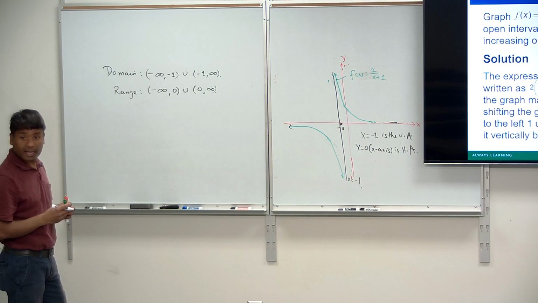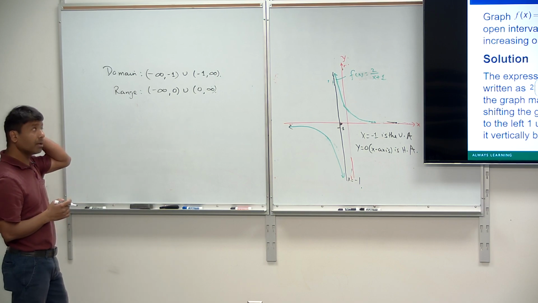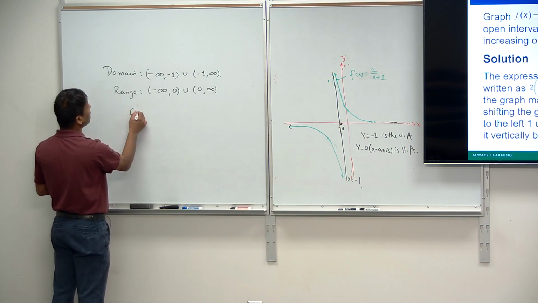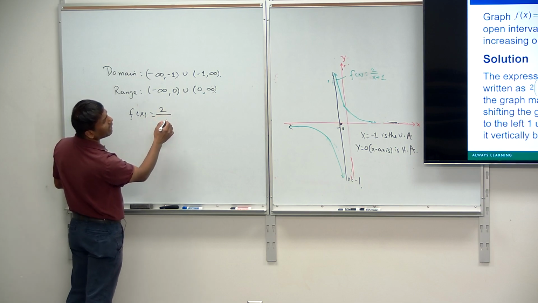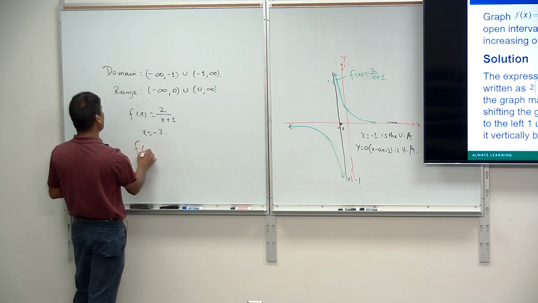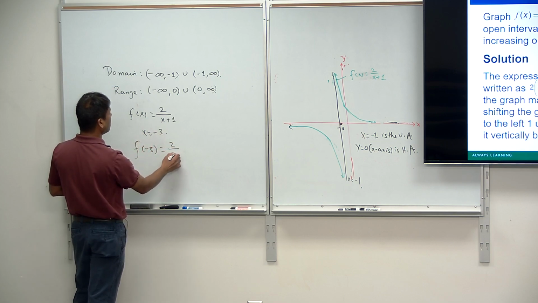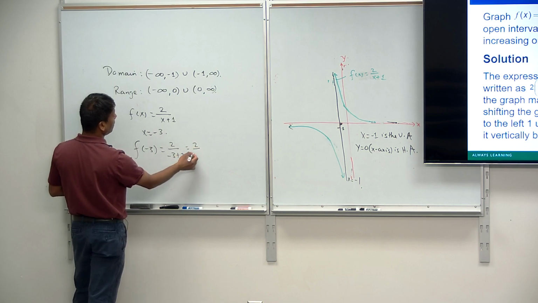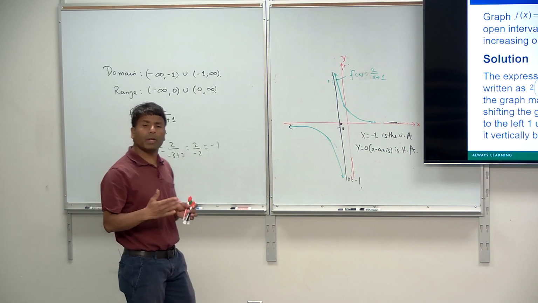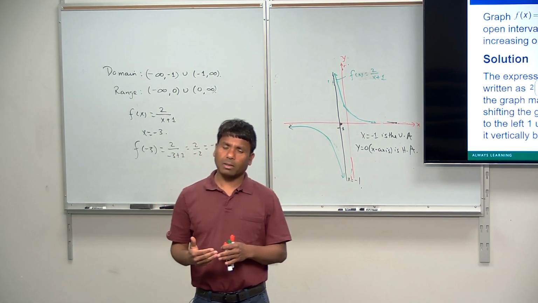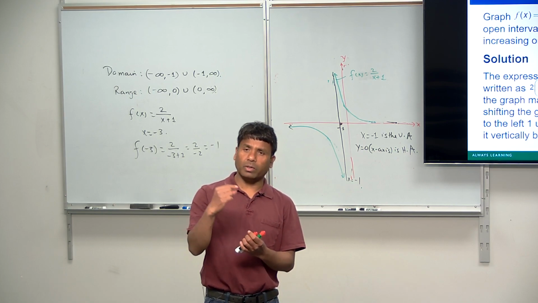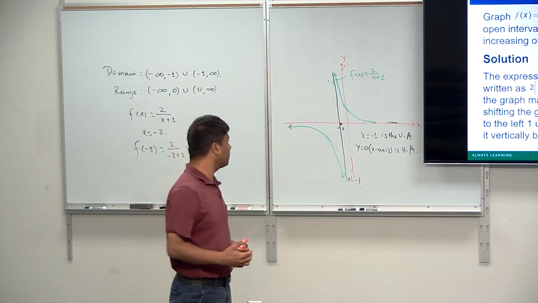Y can be negative 1 because if you plug in x equal to negative 3, f(x) equal to 2 over x plus 1, so f of negative 3 is 2 over negative 3 plus 1, which is negative 1. But there are no values of x for which y is 0. So that's why you have to exclude 0 from the range.